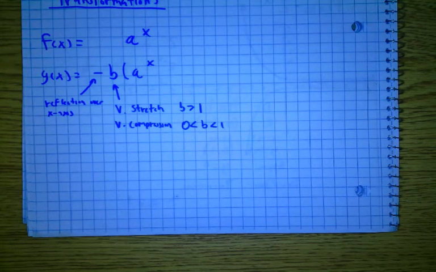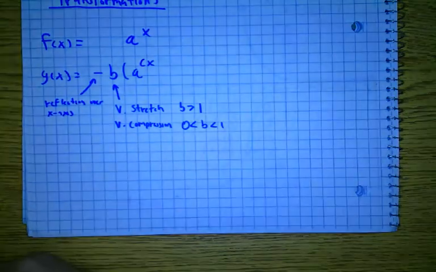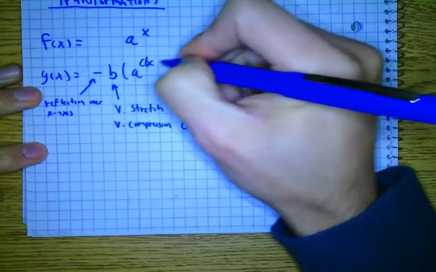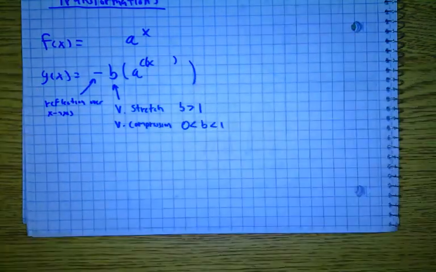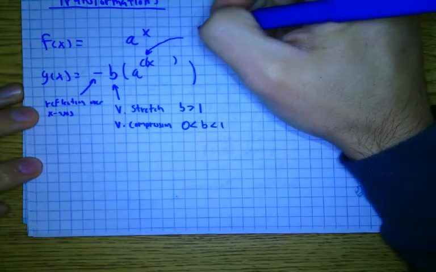Where your x is, which in this case would be where the power is. Cool? So you would have to multiply by a number. So I'm going to call that number, I don't know, c. Okay? All right. Now, the c value right here can do two things. It can either do a horizontal stretch or a horizontal compression.